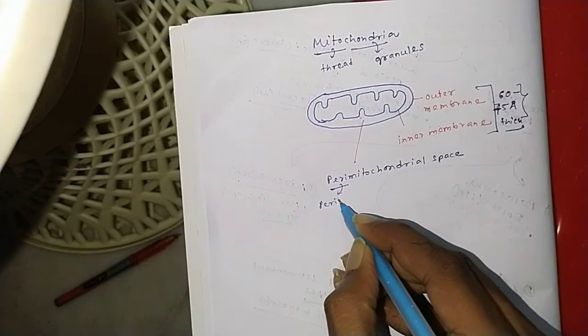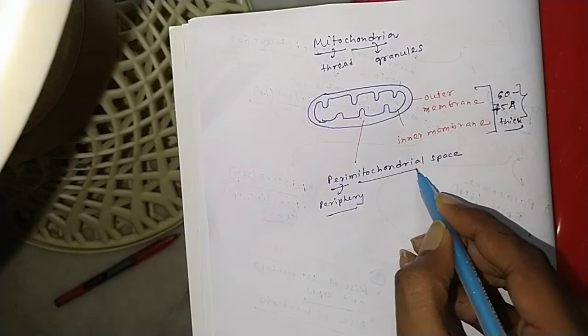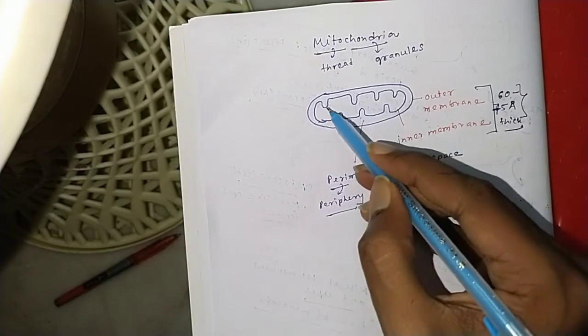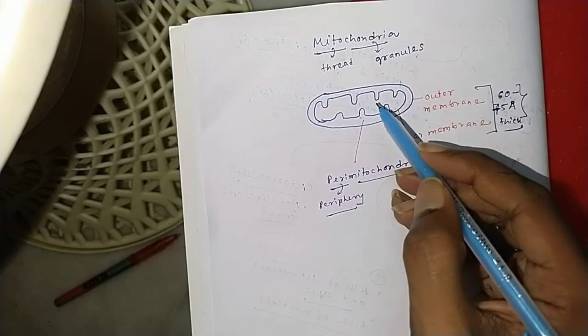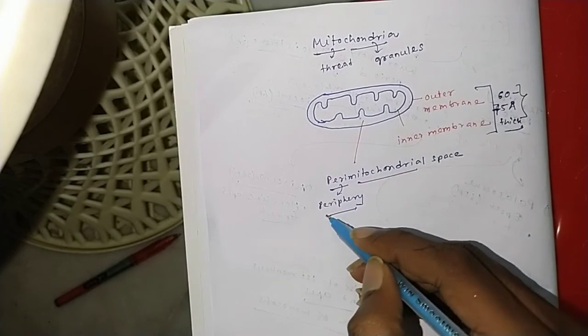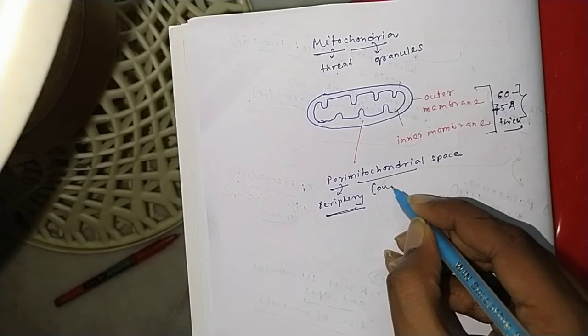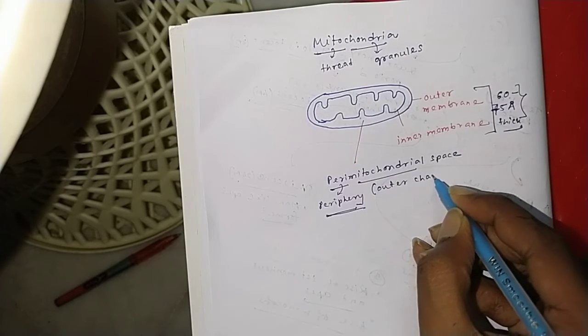So this is actually the periphery, guarding or covering the mitochondria in all directions, and that's why we can call it perimitochondrial space, or the outer chamber of mitochondria.